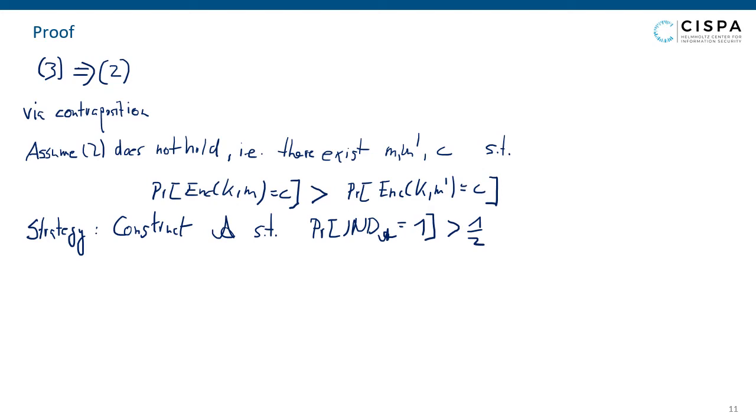Because there we require that for every adversary, this winning probability is exactly 1/2. So how does our adversary look?